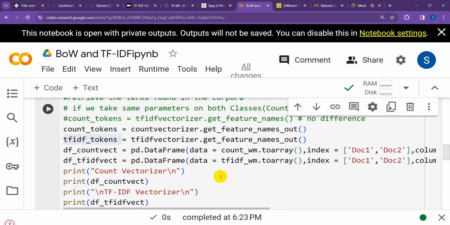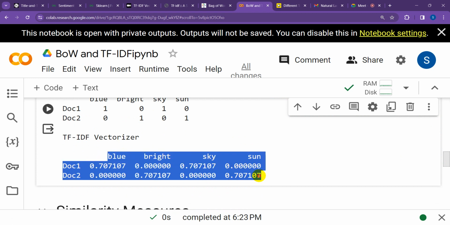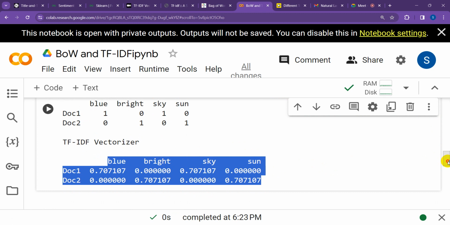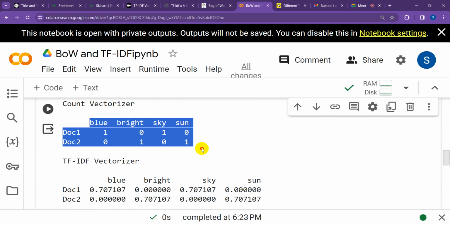This is just to print their values in the data frame format. If you also calculate it manually, these are the values that will come out. So is this point clear to all of you? And if you wanted to analyze it using the count vectorizer, then this is how it should appear.